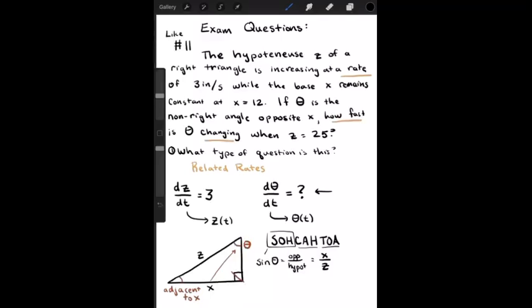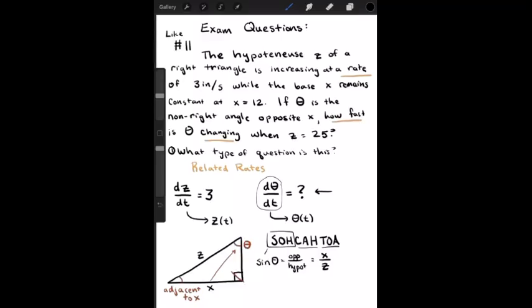So one thing we want to do is we have this equation that relates the variables. We want to relate their rates, right? Which means we need to get the derivative out of it. And specifically, we want to find the derivative of theta with respect to t.